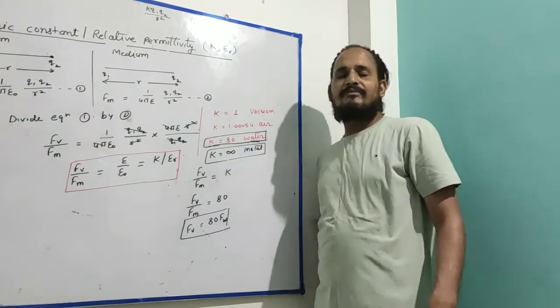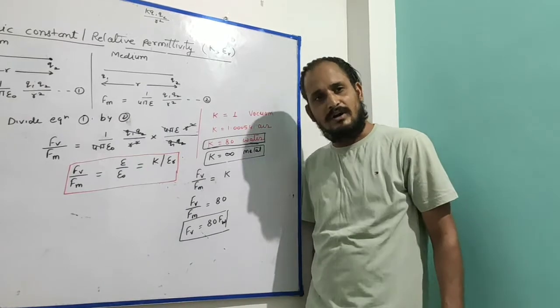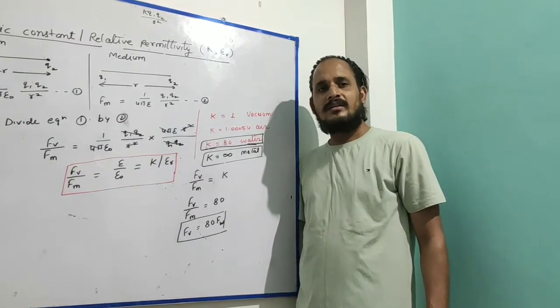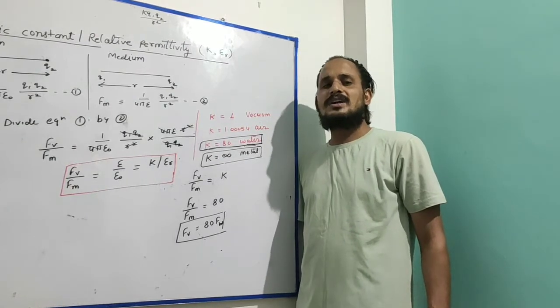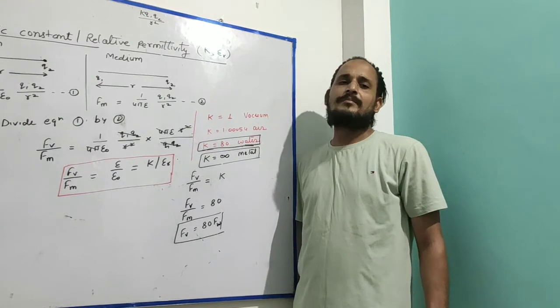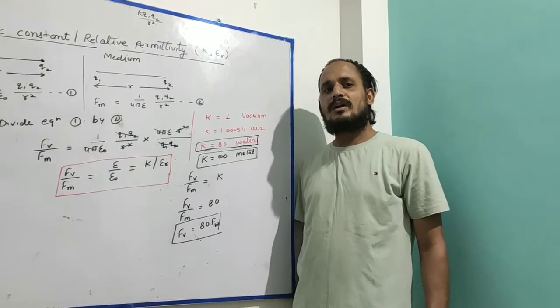So finally we'll see what we have completed today. Number 1, Q1 Q2 greater than 0. What does it mean? It means that both the charges are like charges and the force acting between them is repulsive. Second thing, if Q1 Q2 is less than 0, what does it mean?